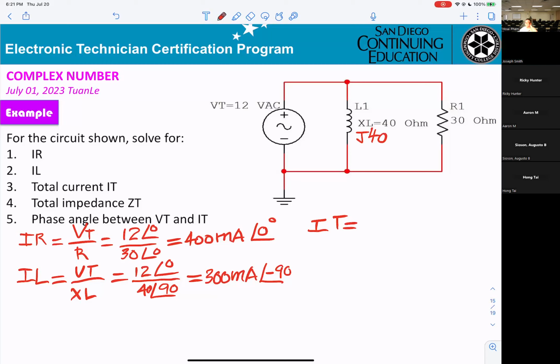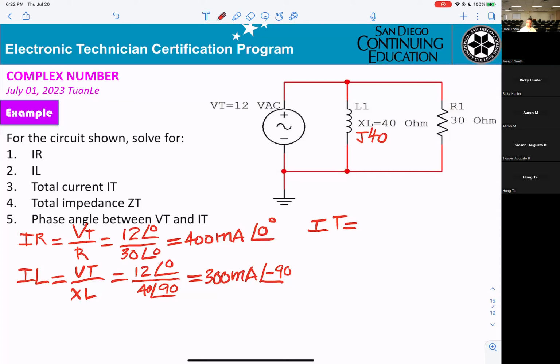IT. You're on number 3, right? Equal what?